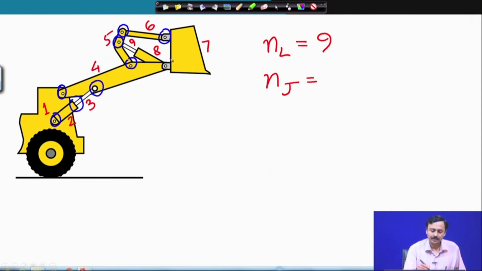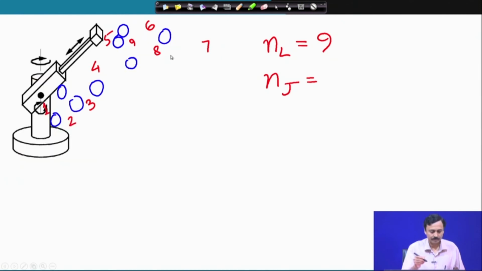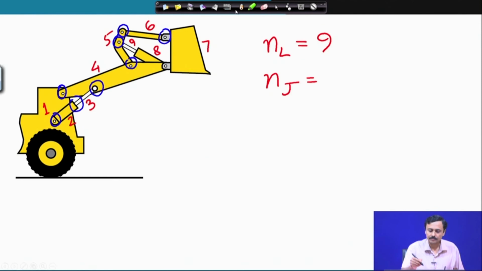Now, here we have 2 kinematic pairs. So, 9, 10 and here 11. So, number of joints is 11.